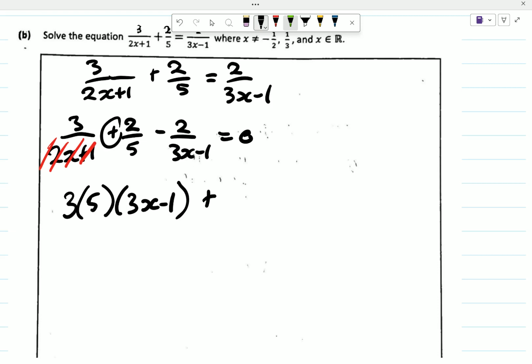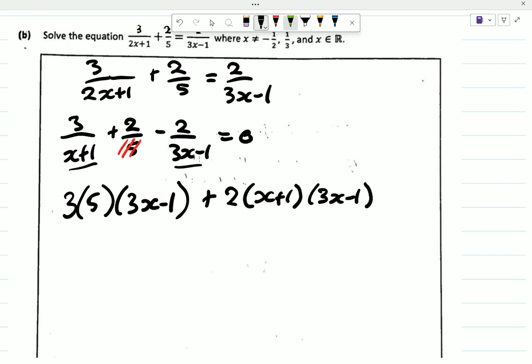Now we're going to keep our sign. We're going to add it. Now we're moving on to this one. So we're going to block out the 5, multiply by these. So that's adding 2 times this one first, x plus 1, this one second, 3x minus 1.